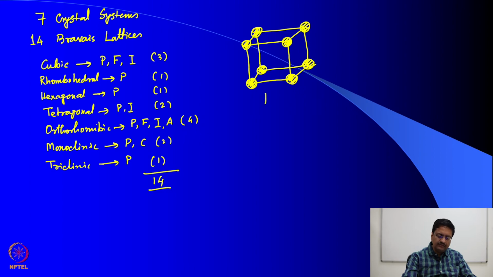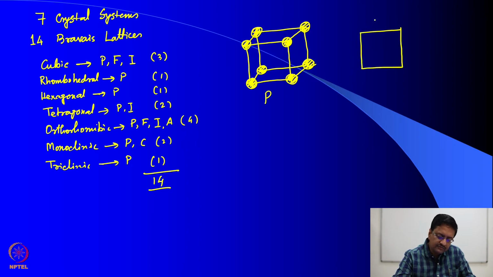So this is called a primitive or P lattice. When you have a cubic system with atoms at 8 corners and 6 faces, that is called a face-centered lattice, which I am trying to draw now.